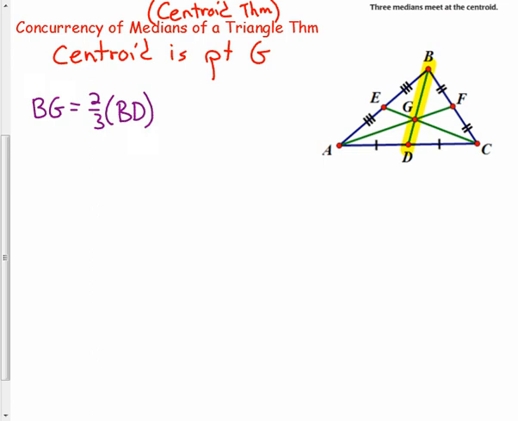Some other relationships within here. If this is 2/3, how much is left here? 1/3. So an implied part of this is that GD is 1/3 of BD. Lastly, if GD is 1/3 and BG is 2/3, what is the relationship between BG and GD?